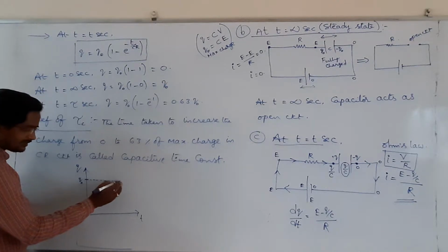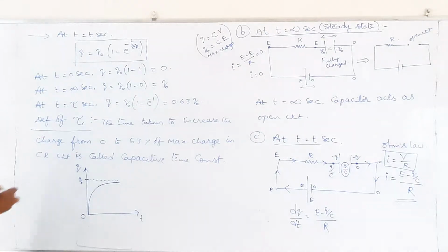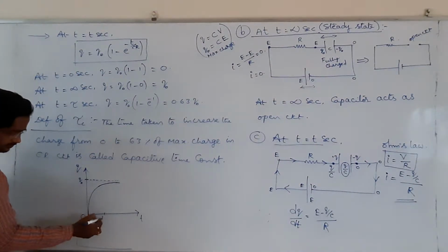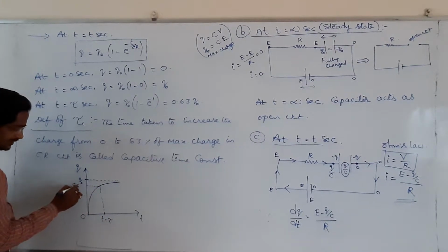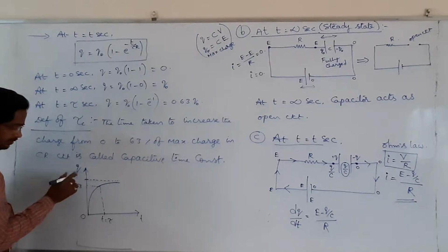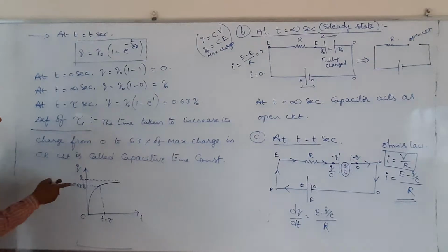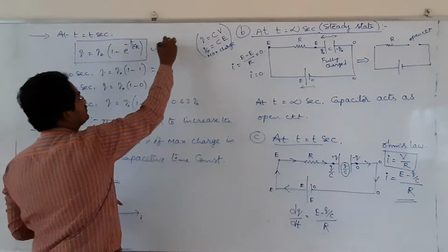And when t equal to tau, the charge stored in the capacitor is 0.63 Q naught. That is the graph shape for this equation.